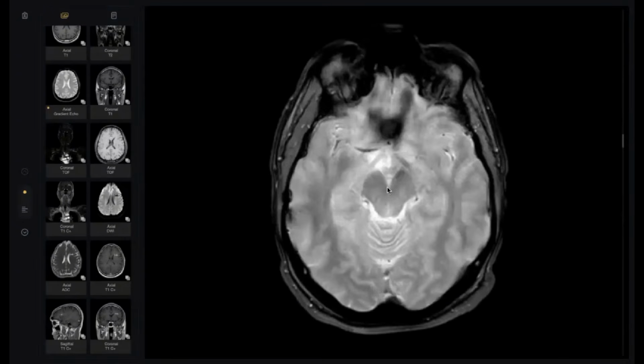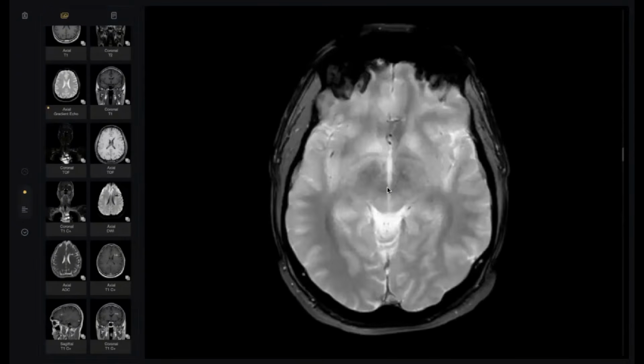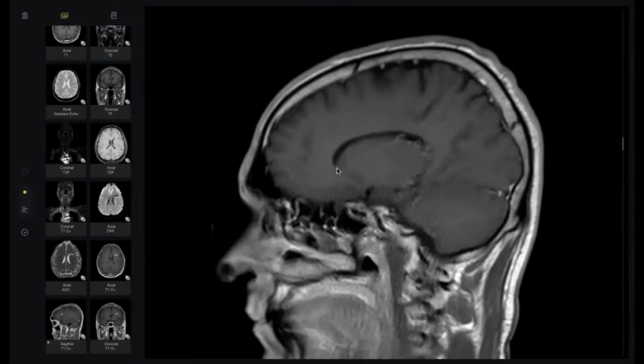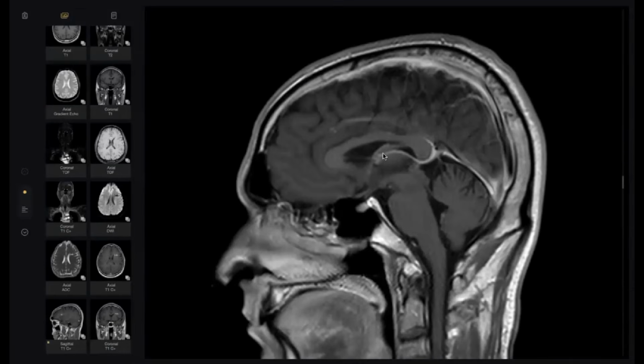The venous angle is just below here, below the splenium and the pineal body. Okay, here my colleague, this venous angle, this one. We all know the vein of Galen.